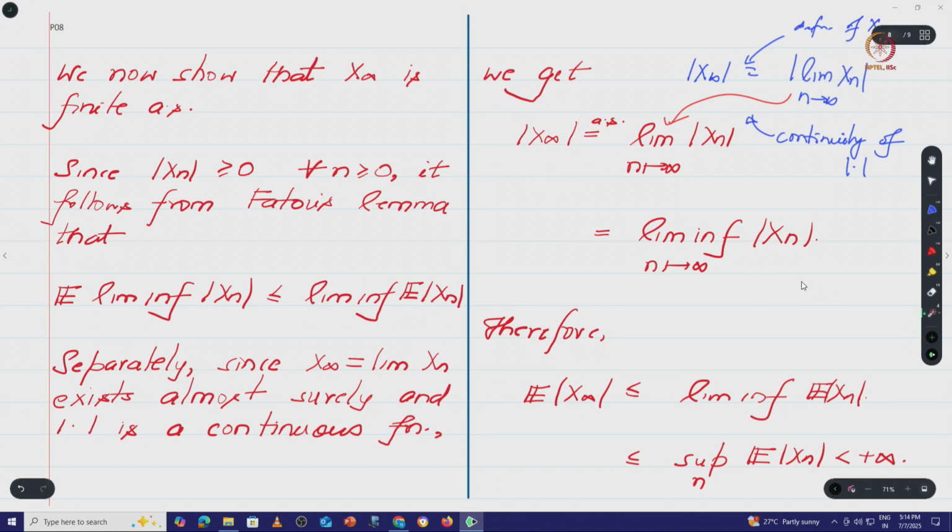and one can then use this fact that absolute value of x infinity is this, right, and we know that the expectation of liminf is less than or equal to the liminf of expectations, to conclude that the expected value of absolute value of x infinity is less than or equal to the liminf of expected value of absolute value of xn.